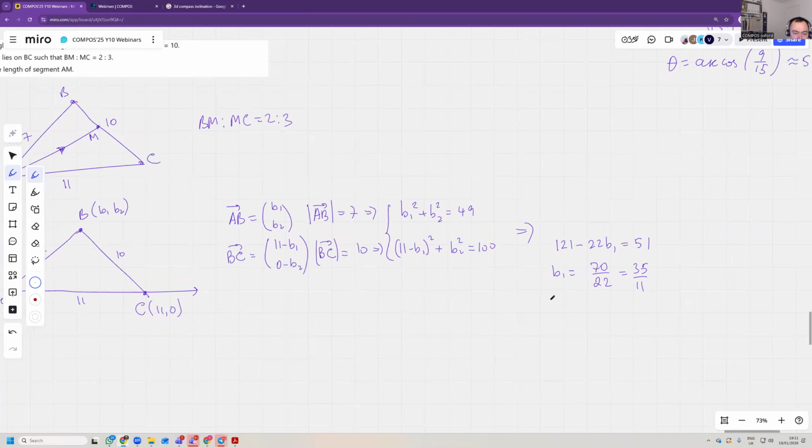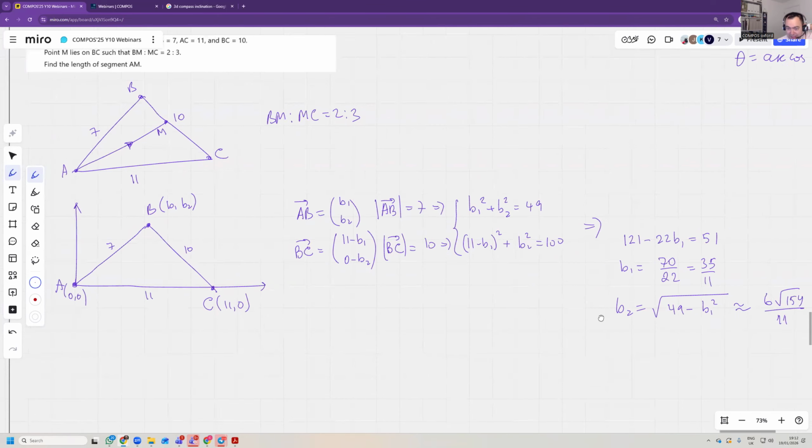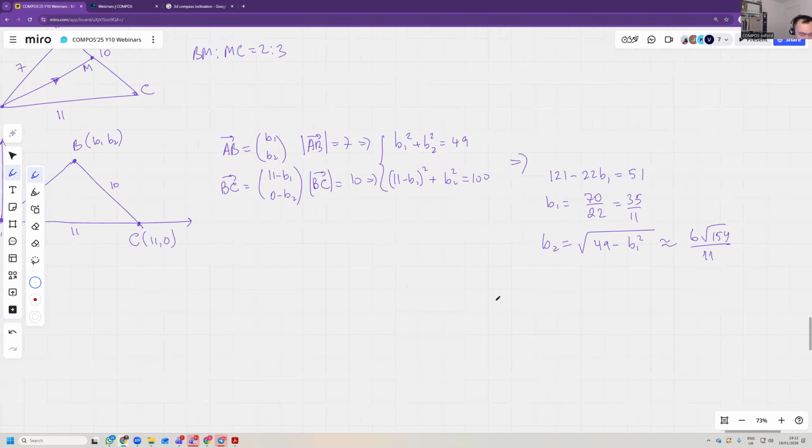And B2 is the square root of 49 minus B1 squared, so 6 square root of 154 over 11. I don't know if we should keep it exact, but we can try keeping it exact for now.